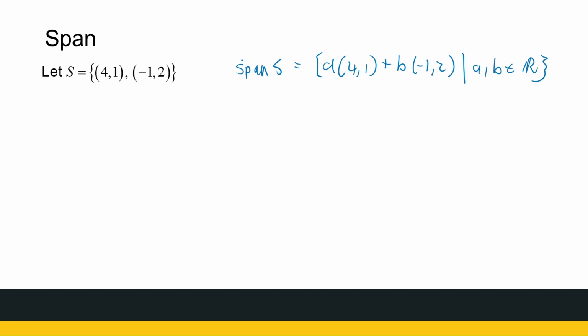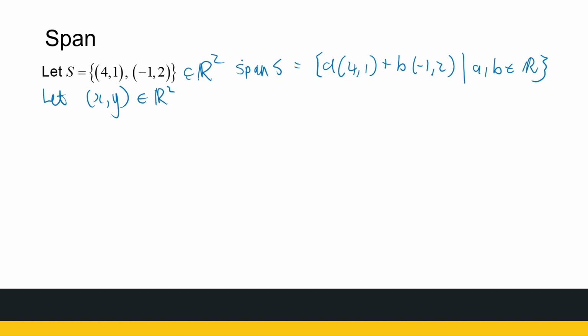All right. So if I look at that set, we know it's a subset of R2. Do we know if this set spans R2? So what do we need to do? We need to pick an arbitrary element of R2. Let XY be an element of R2.